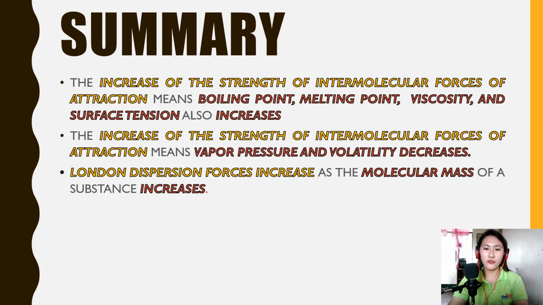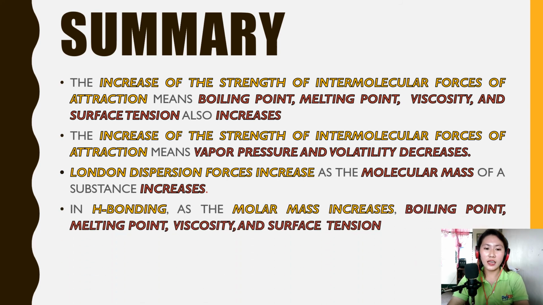London dispersion forces increase as the molecular mass of a substance increases. So what is this molecular mass? It is the mass of a molecule. So paano ba natin makikita or mahanap yung molecular mass? We will just simply add the atomic mass of every atom or element present in the molecule.